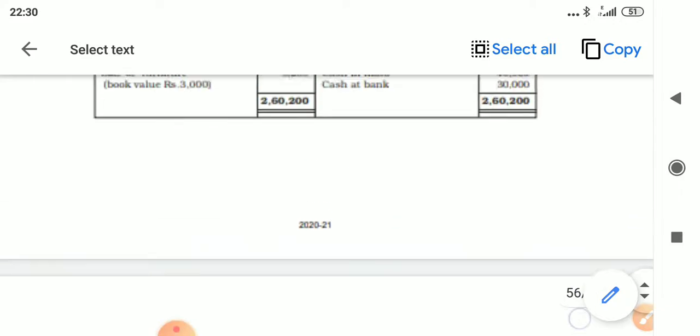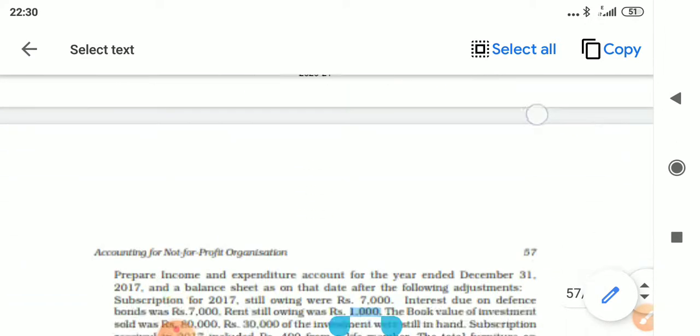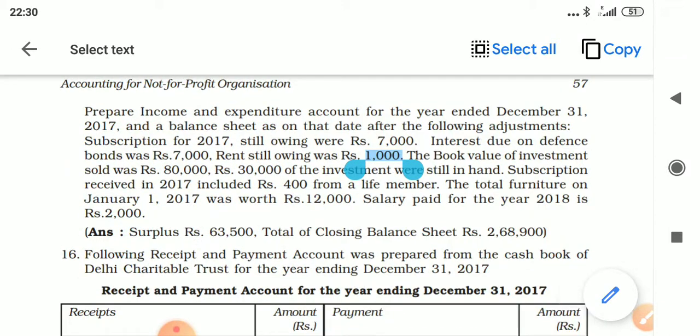Next item, salary, 12,000. Do we have anything outstanding in salary? Interest due on defense bonds, subscription, rent, book value of furniture, investment, subscription, salary paid. Yes, see, at last we have salary paid. So salary paid for the year 2018 is 2,000.